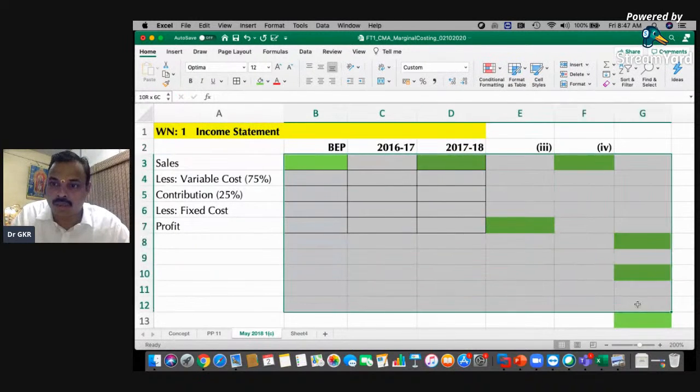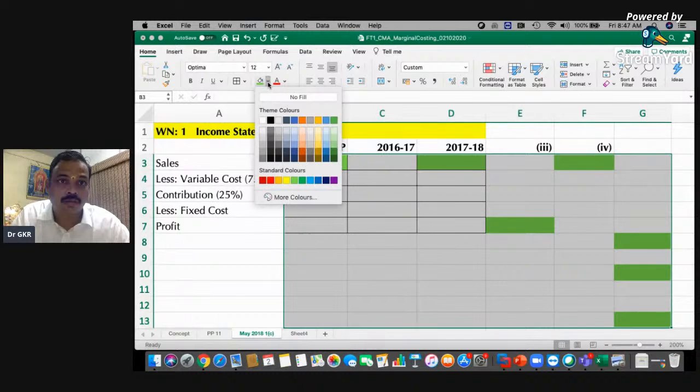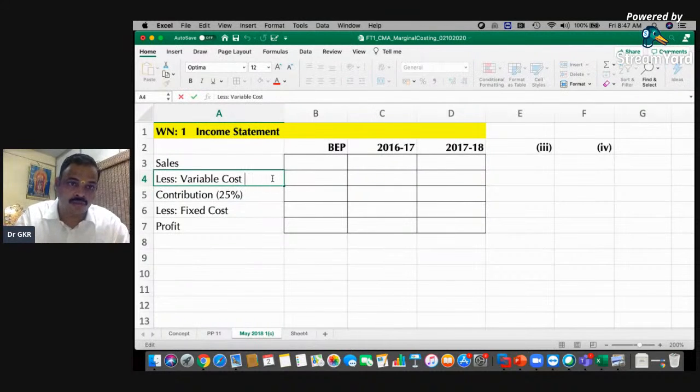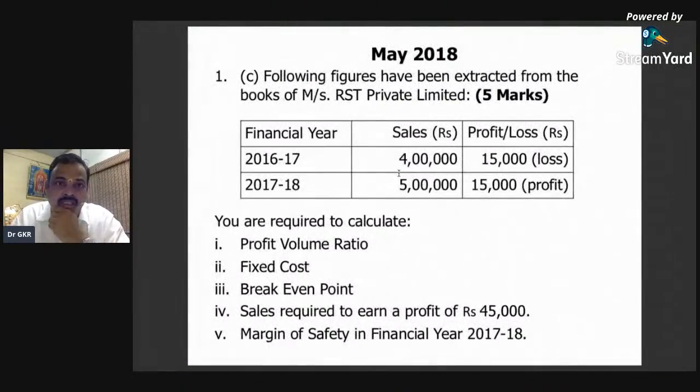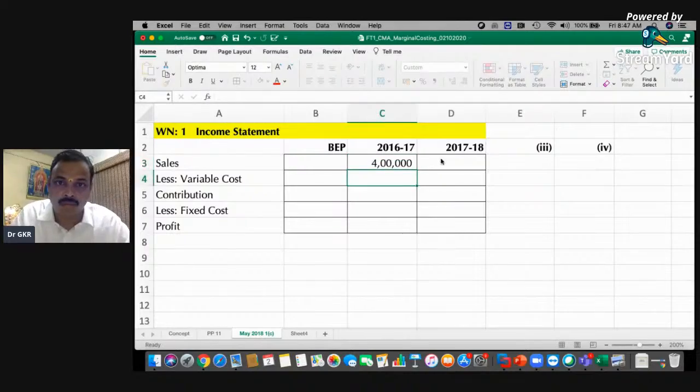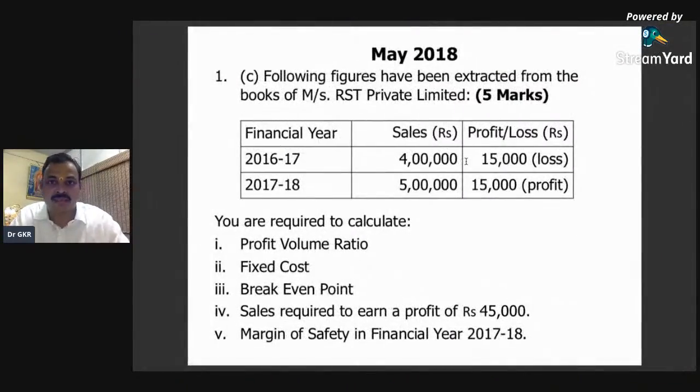This is your question. Now variable cost, fixed cost percentage, you have to find out. Let's find out. What is your 2016 sales? 4 lakhs. Good. What is 2017-18 sales? 5 lakhs.